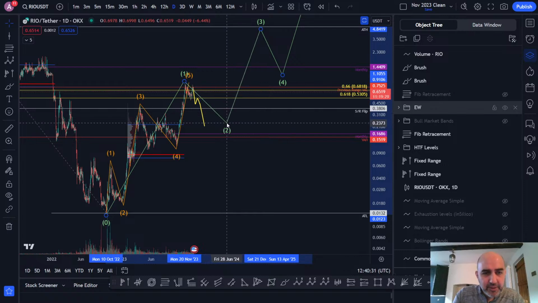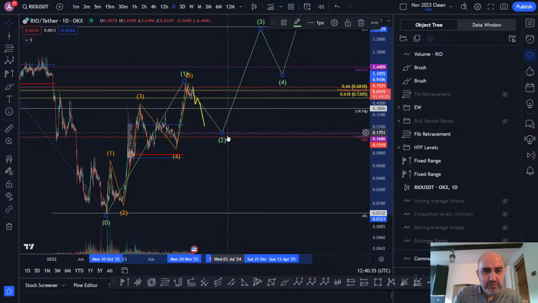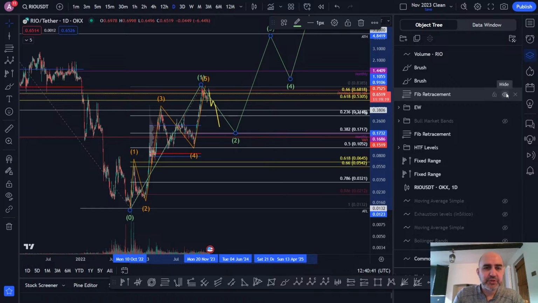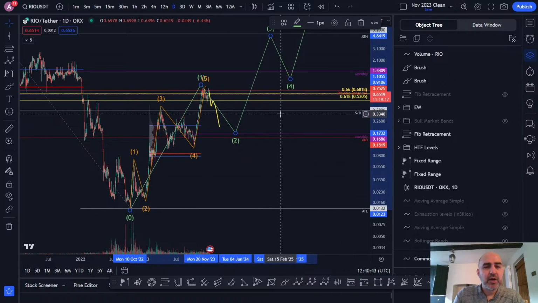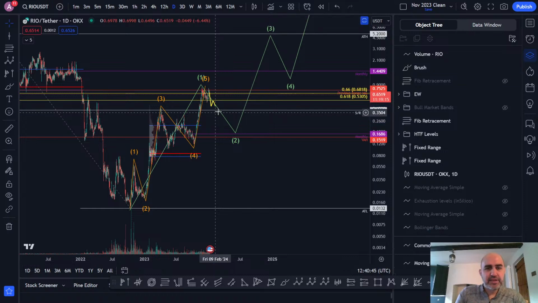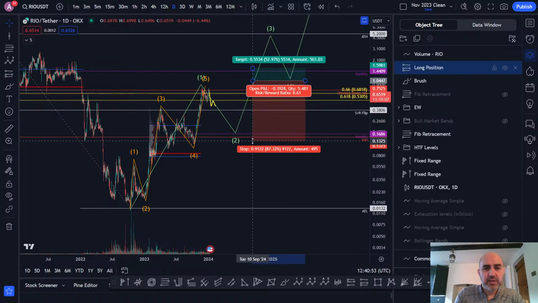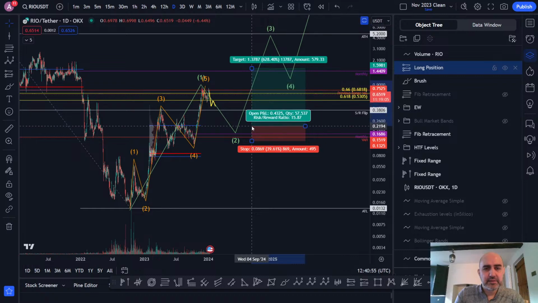But I think it would make sense to correct to here, which is a monthly level, a value area high, and the 382 on this fib retracement that I've just drawn. Assuming this high holds, that would be a really good point of confluence. So that's where I'd be looking to accumulate this.